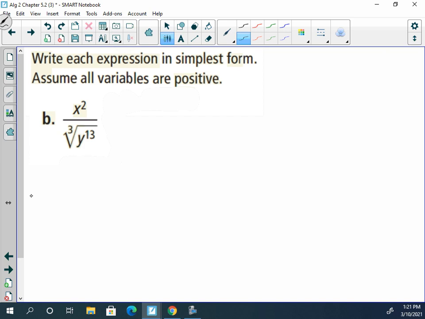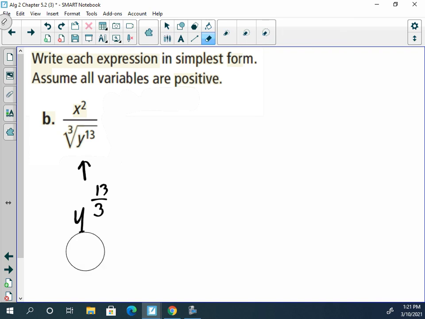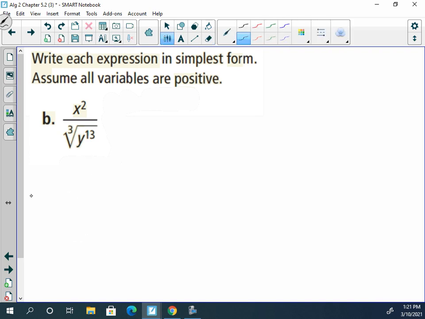Because for this to simplify, really we're saying we have y to the 13 thirds. So if I want that to reduce, we need a number divisible by 3. Yes? Yeah, 15. 15 would be the next number after 13. That would be divisible by 3. Well, how many more y's do I need to get from 13 to 15? 2.